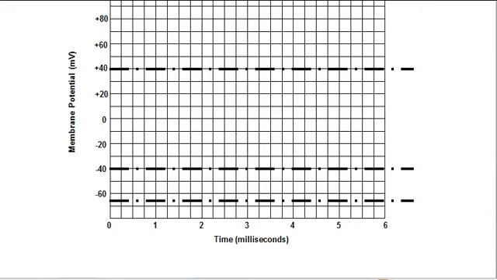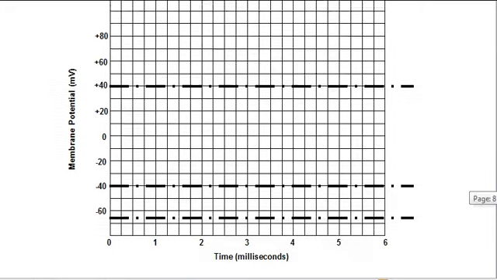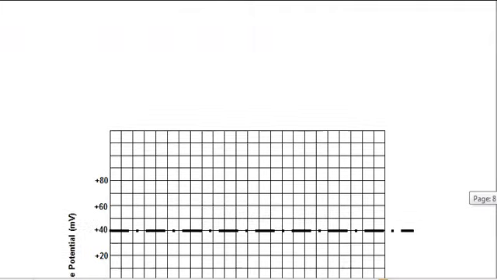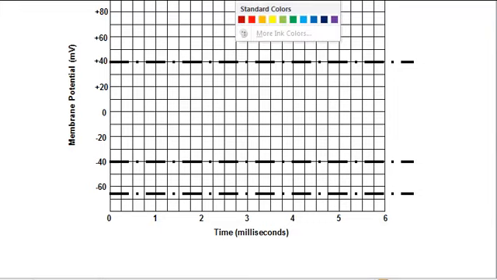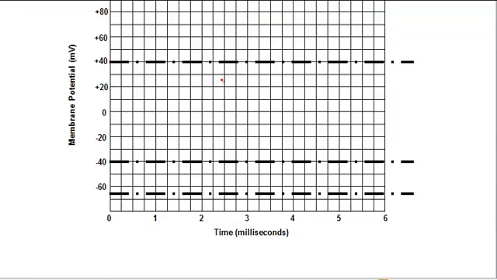So scientists are actually able to measure these differences in membrane potential and graph them, looking at real live neurons. So we're going to show you an example of what the graph might look like. It could be a neuron's getting a little bit of input, but it's not coming up to the threshold potential. But eventually it might receive a chemical signal that's strong enough to send it up to its threshold potential.